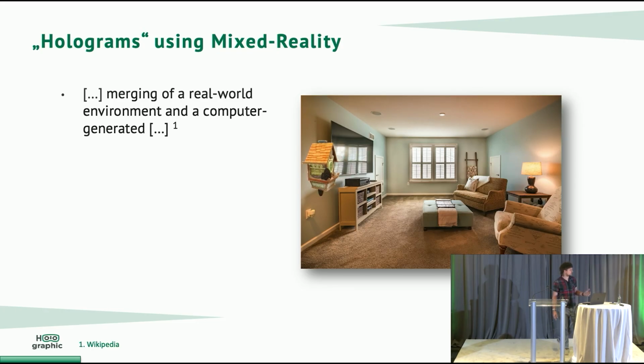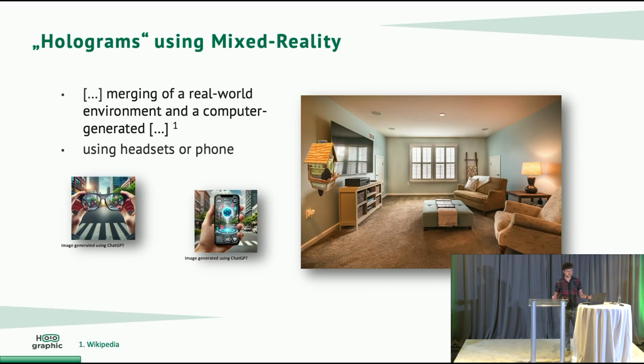Then you can add a 3D model, in this case this clock, and you have a bird flying out of it, flying back into it. That's mixed reality. So you have this hologram, a 3D model, anchored in the real world, and you can move around it. Again, we need headsets or phones as of today to show it. There will be a future where we don't need it, but as of today, we need it.